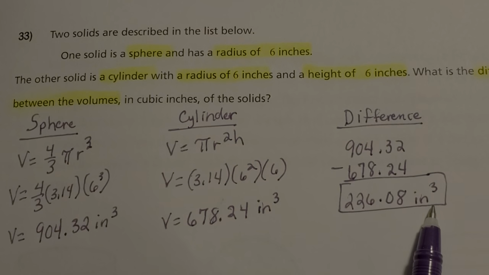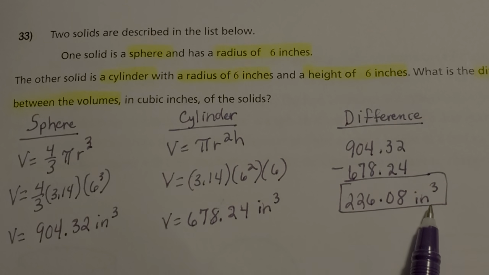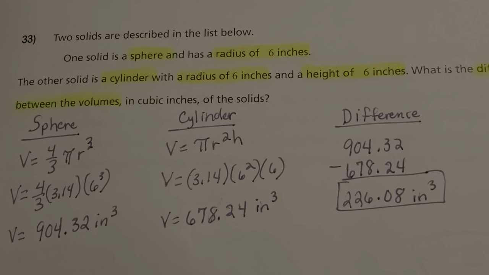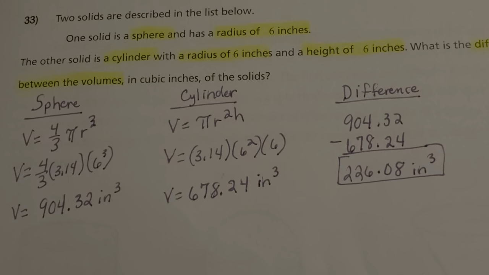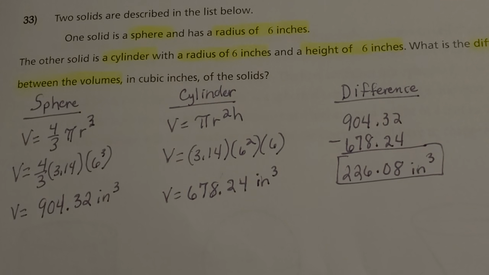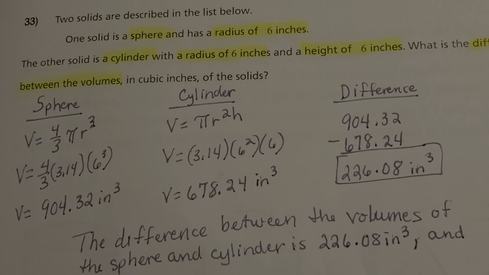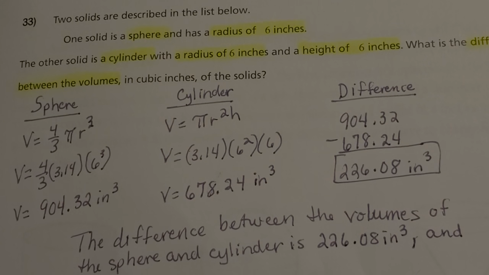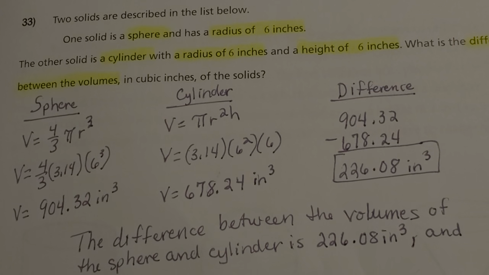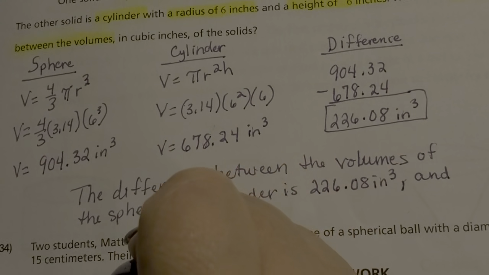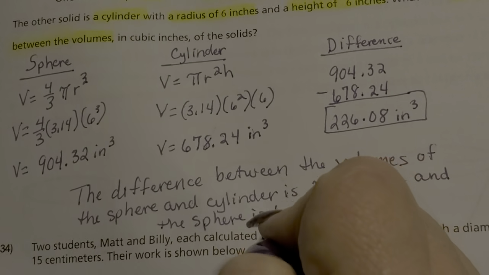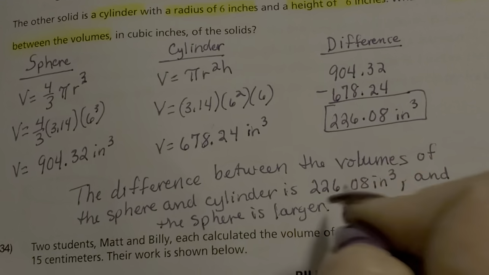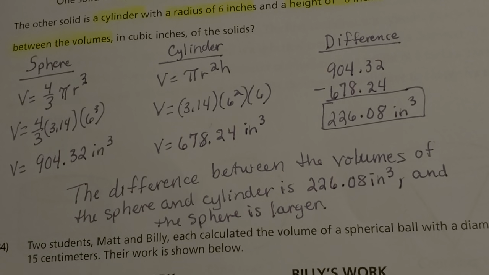But we're not through because we have not truly answered this question, because likely this would be a written answer. So I would write the difference between the volumes of the sphere and cylinder is 226.08 inches cubed, and the sphere is larger. Just because I want them to know I understand.